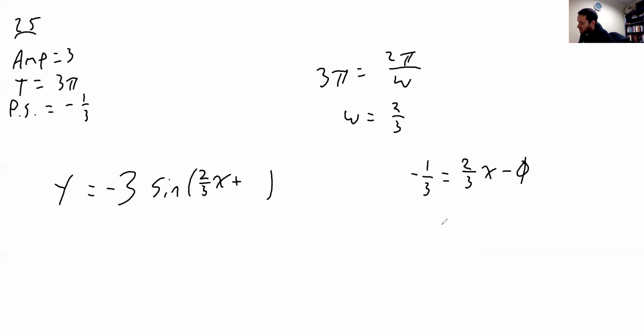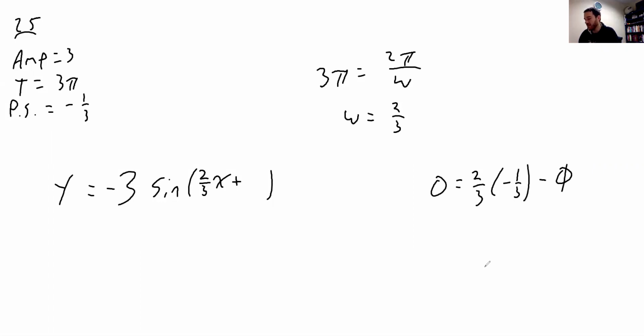Wait a second. Oh, right. But for x, I'm actually going to plug in, I'm sorry, guys, my bad. Let me back that up. I know that negative 1/3 is the value of x that's going to make my argument 0.